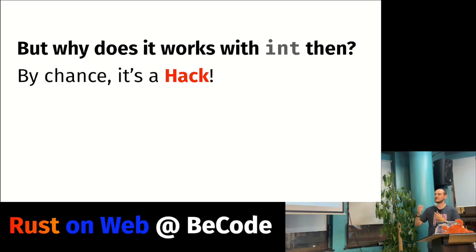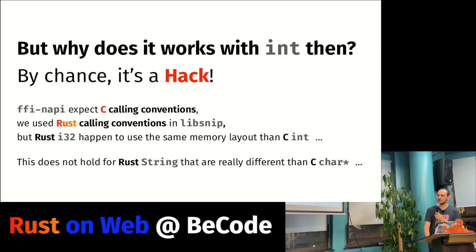I32 is what JavaScript expects with an int, and the Rust calling convention is somehow retro-compatible with the C calling convention, the old language. But it's really a chance. We should not count on it, because if we build a real program on this hack, it could break at any moment.